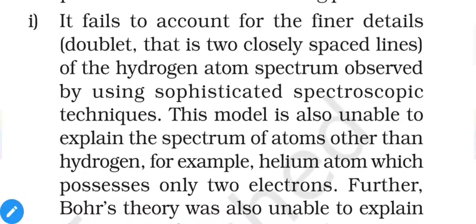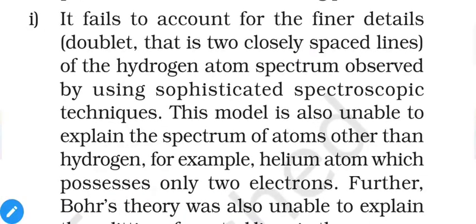The first point is that it fails to account for finer details, the doublets, that is, too closely spaced lines of the hydrogen atom spectrum observed by using sophisticated spectroscopic techniques. When we use a simple spectrometer, you will get the line spectra of hydrogen, let us say something like this. We have some lines like this, but certain lines seem comparatively thicker than others.